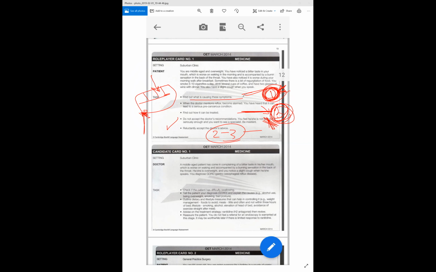After you ask what the problem is or how you can help, he will tell you the symptoms. You will show sympathy. Oh, I'm really sorry. Don't be a flat person.